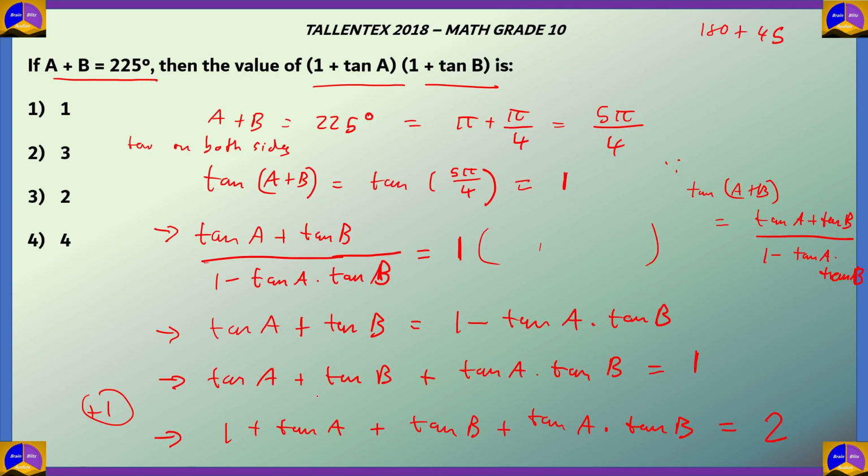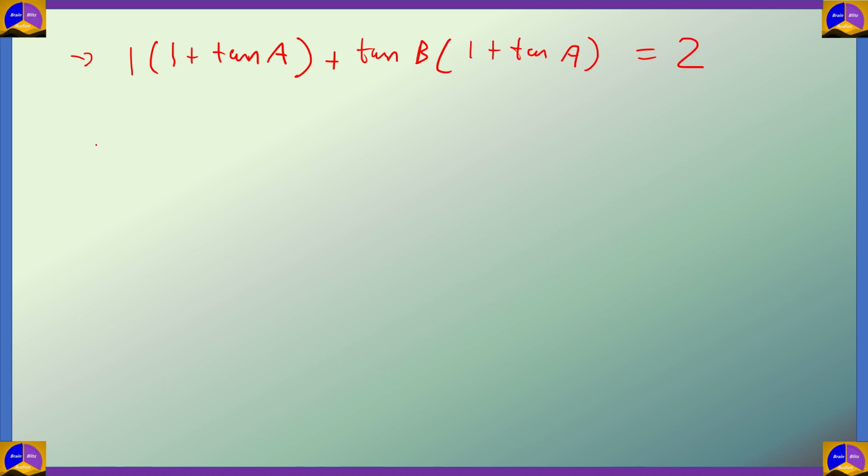The left-hand side can now be factorized by 1 plus tan A. So when you factorize it by 1 plus tan A, we will get 1 times 1 plus tan A plus tan B times 1 plus tan A. The right-hand side still remains 2.